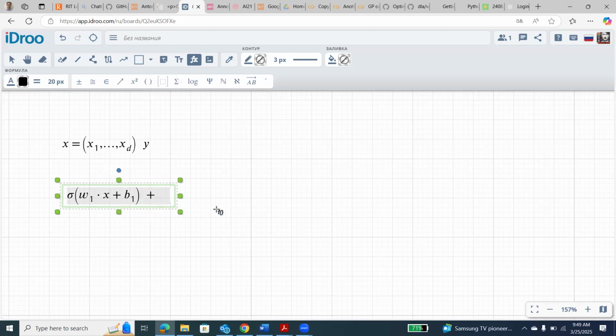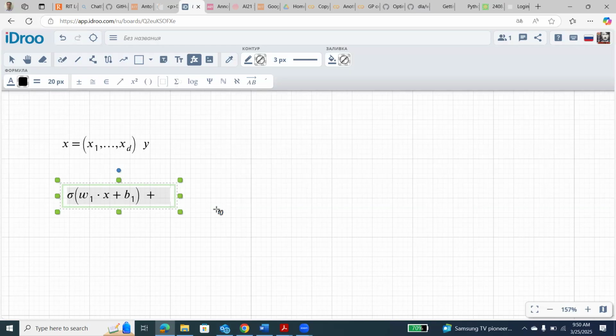And then, as you remember in our previous example, we used sigmoid of x and sigmoid of negative x and multiplied by some constants. So that's why I'm using sigmoid of some linear combination of x's.